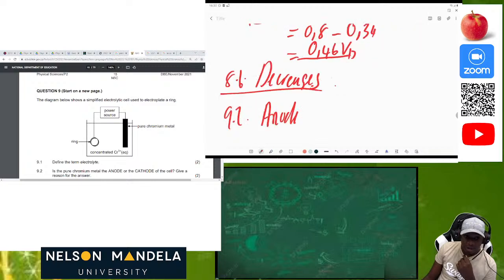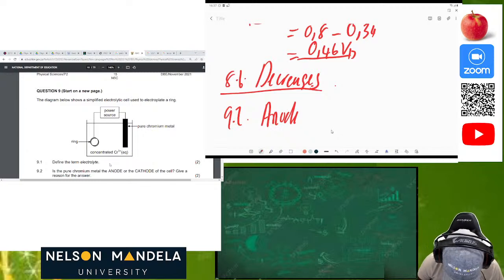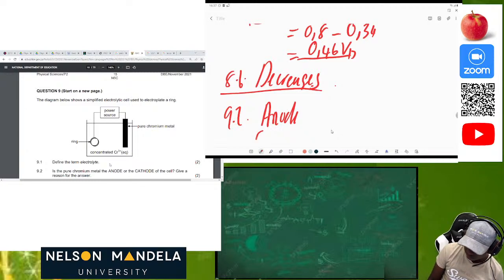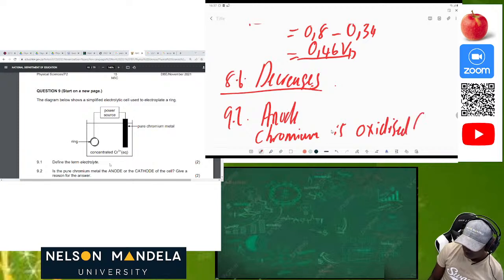I hear you, don't worry. I hear someone asking why. So now we are stating our reason why we are saying it's anode. It's anode because chromium is oxidized, okay? Because we can see that chromium is oxidized.